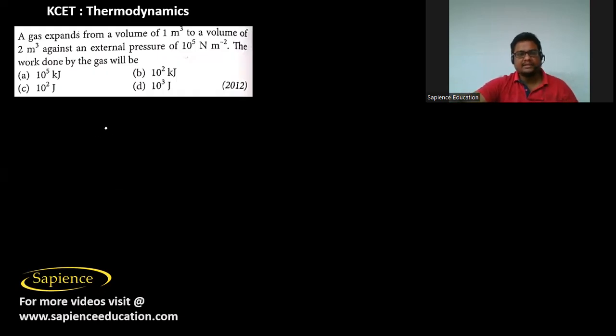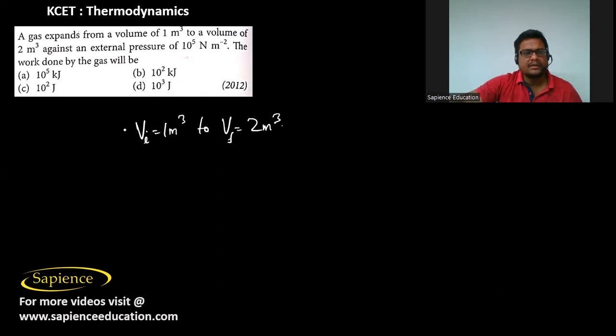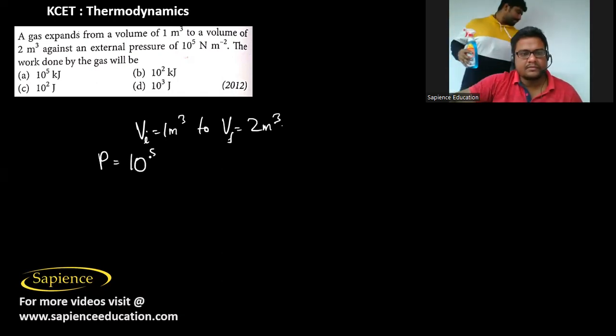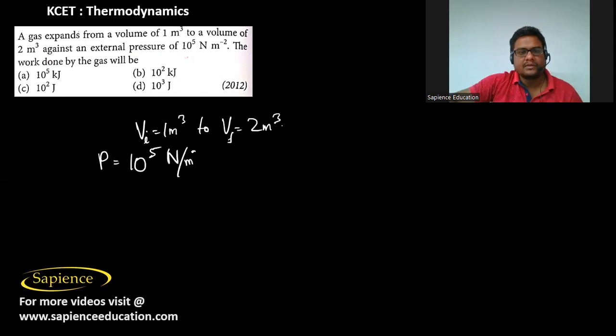Then it is told a gas expands from a volume V initial, which is 1 meter cube, to the final volume, which is 2 meter cube, against an external pressure of 10 power 5 Newton per meter square.